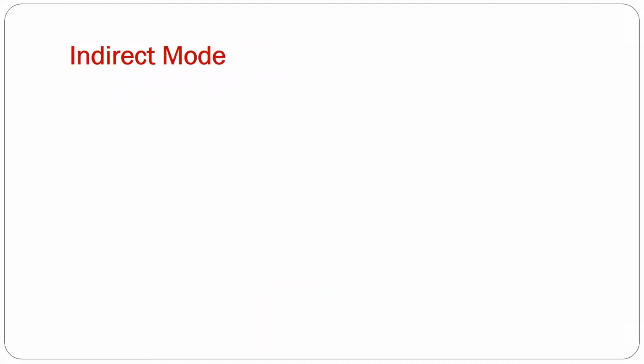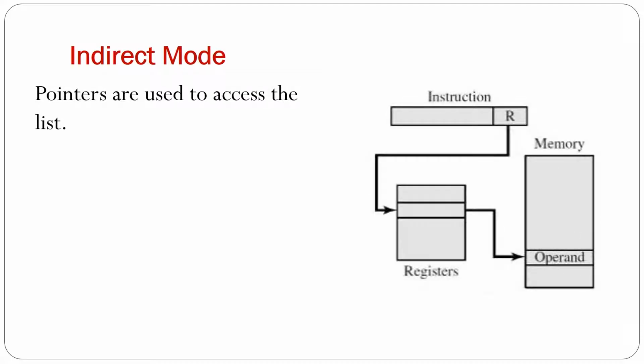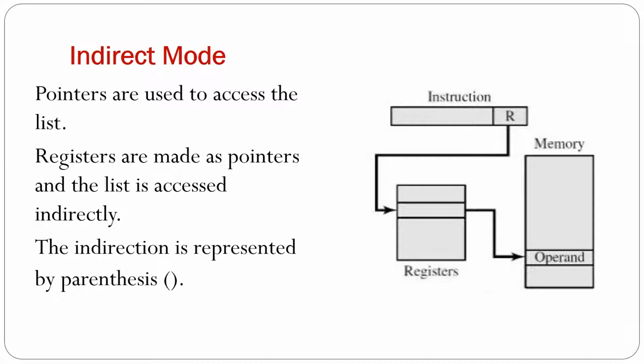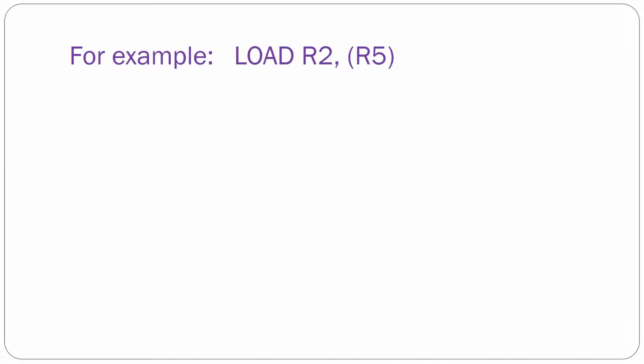Indirect mode. In this mode, pointers are used to access the list. Registers are made as pointers and the list is accessed indirectly. The indirection is represented by parentheses. For example, load R2, (R5).